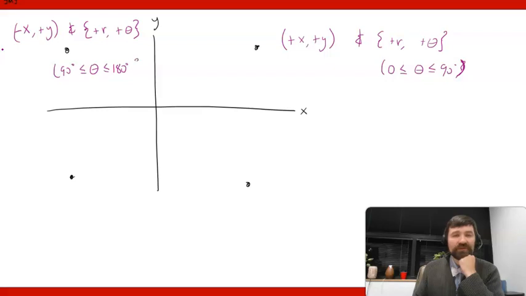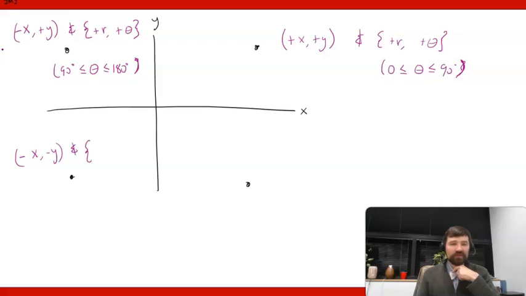So notice that the only thing that's really changed for the polar is just the bounds on theta. This quadrant, the third quadrant, is my negative x, negative y quadrant. And again, we could write plus r, comma, plus theta. We could take a minus theta, in which case we're going clockwise from the x-axis. But if we use plus and plus, then we have 180 degrees less than theta less than 270 degrees.